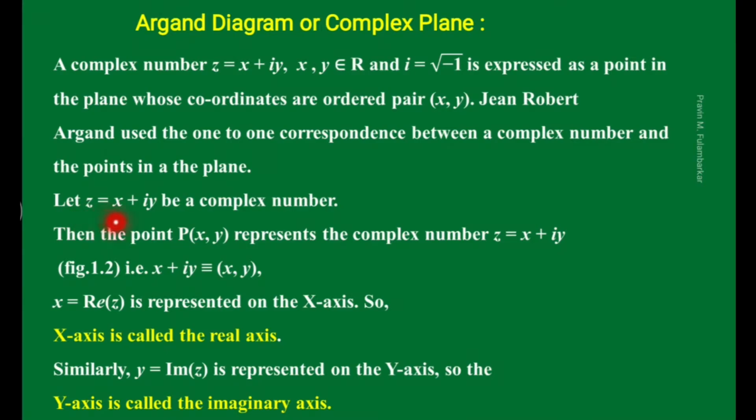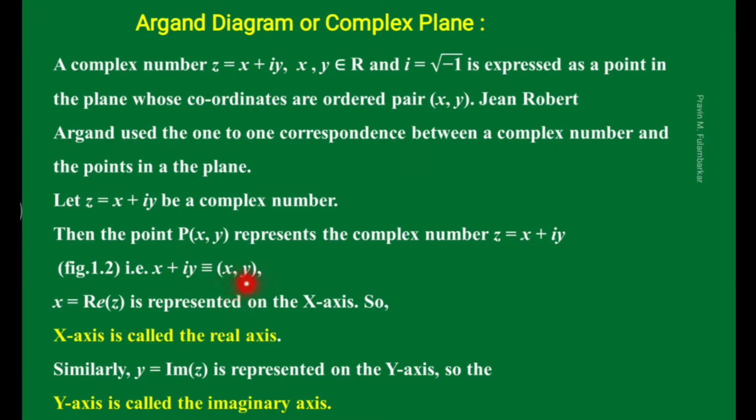Let z equals x plus iy be a complex number. Then the point P of (x, y) represents the complex number z equals x plus iy. That means if the complex number is z equals x plus iy, then this x and y, if we write in ordered pair, that is a point. So see figure 1.2, x plus iy we write in ordered pair, that is (x, y).